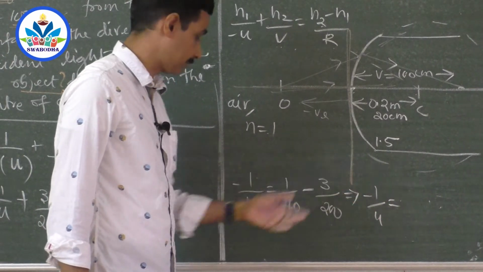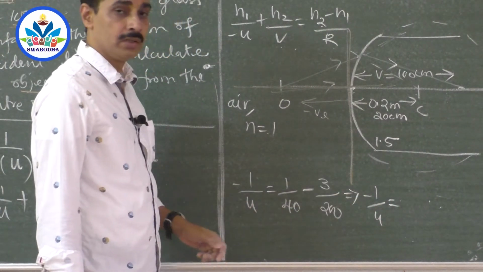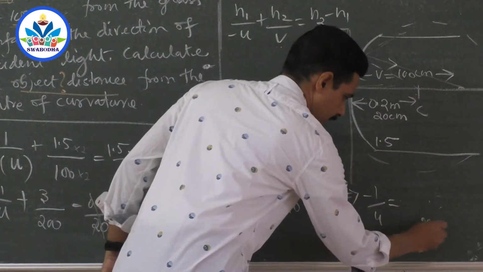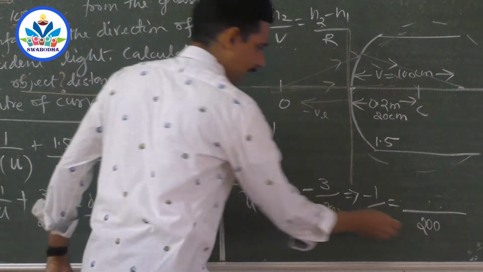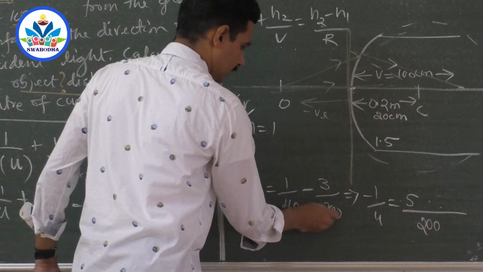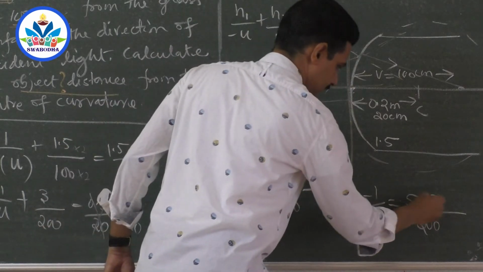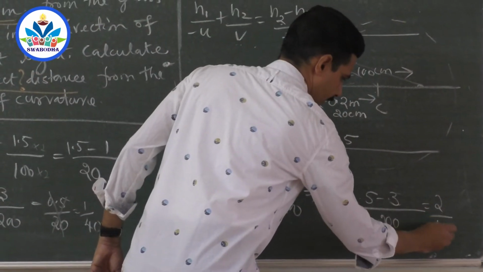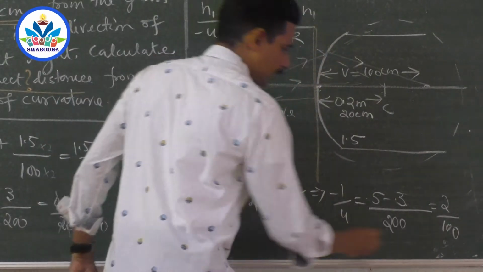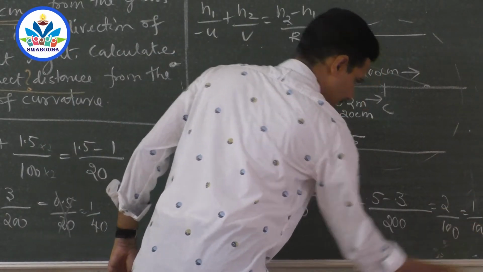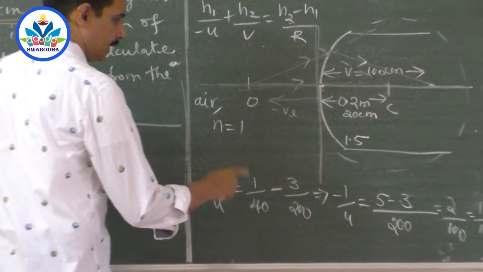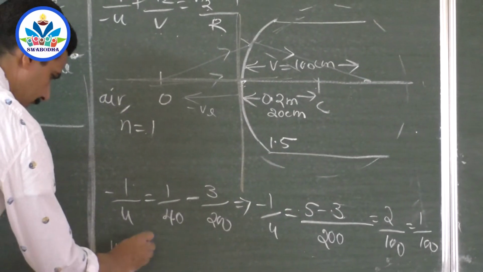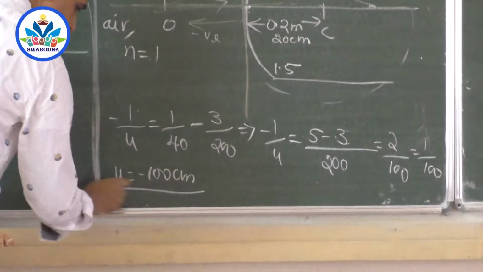That is not the answer because it is 1 by u, it is not u. So minus 1 by u, 200 common, 1 by 40 is 5 by 200, and 1 times minus 3. So what is this? 2 by 200, that is 1 by 100. So what is u then? Minus 1 by u is 1 by 100. u is equal to minus 100, and it is centimeters.